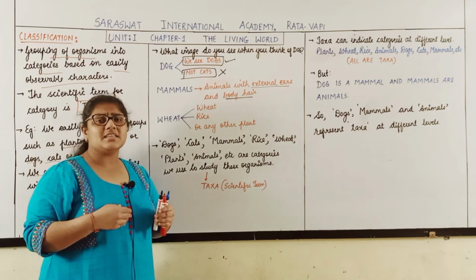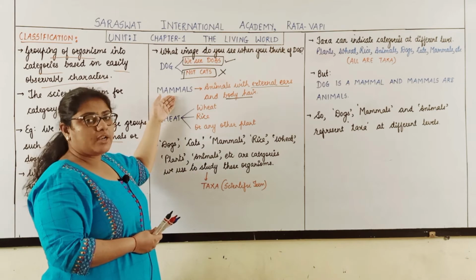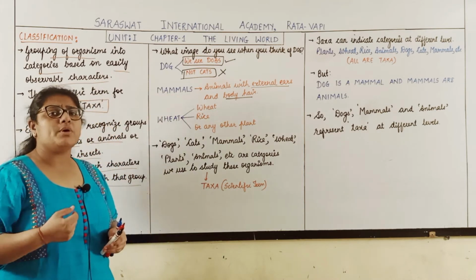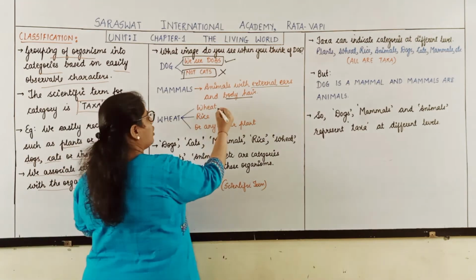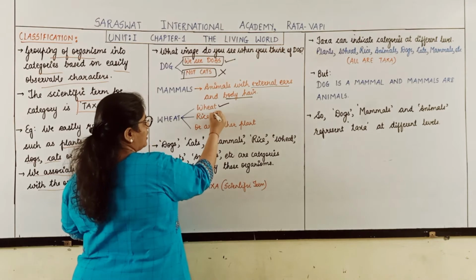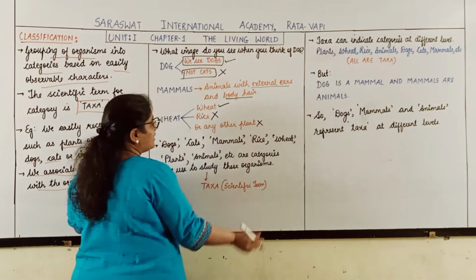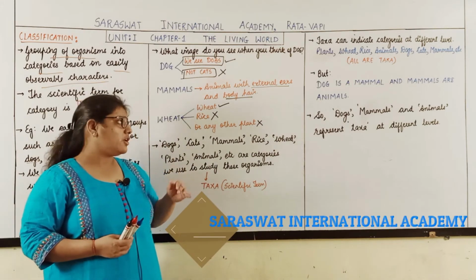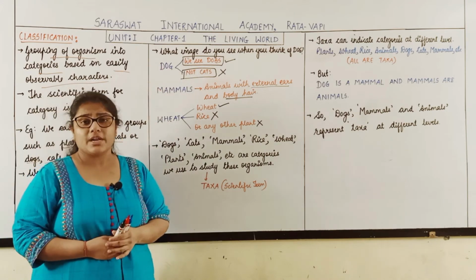These are certain characters which you associate with mammals. In the same way, if I tell you to imagine wheat in your mind, of course, what will you imagine? Wheat. You will never see the image of rice or any other plant. So why are we able to do this? Because we are associating certain characters with these organisms.